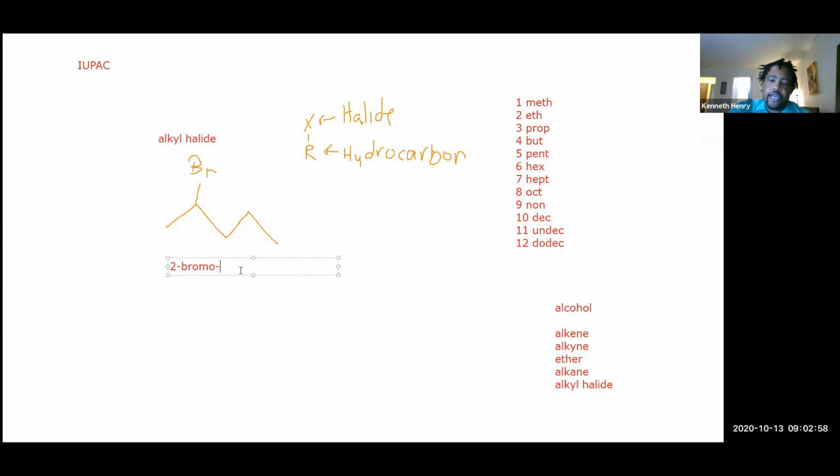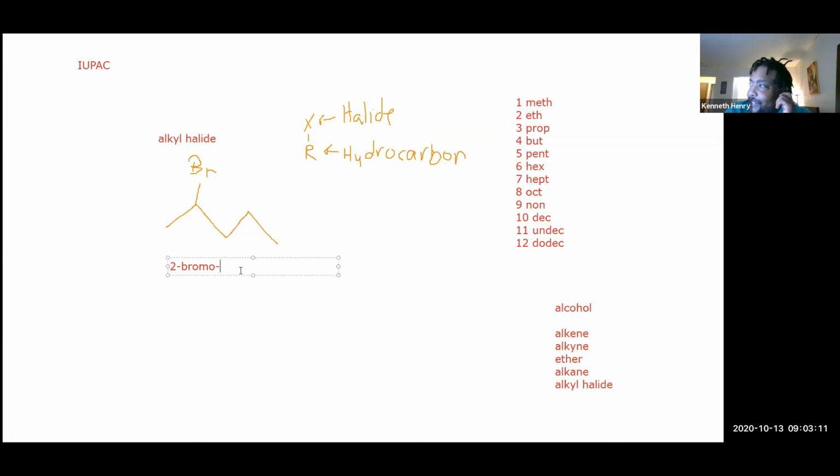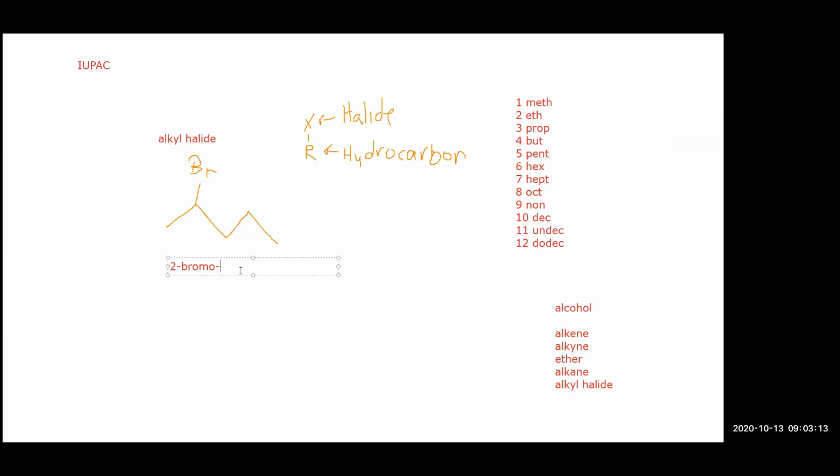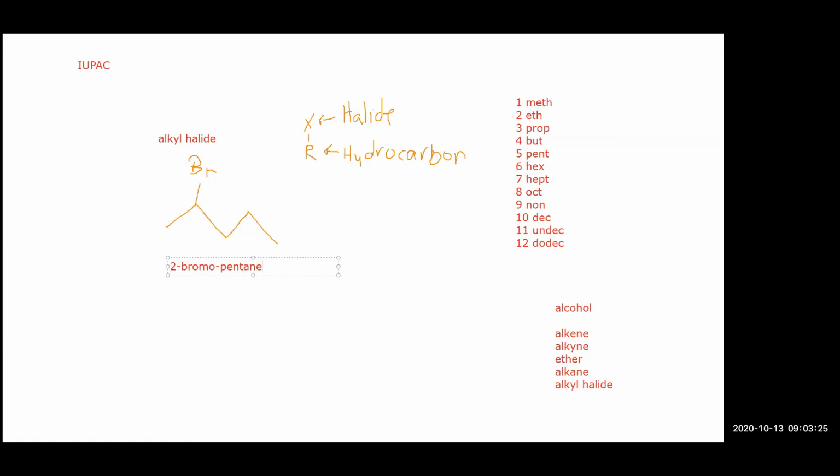So what is a 5-carbon chain called? Pent-something. What are all single bonds called? Pentane.